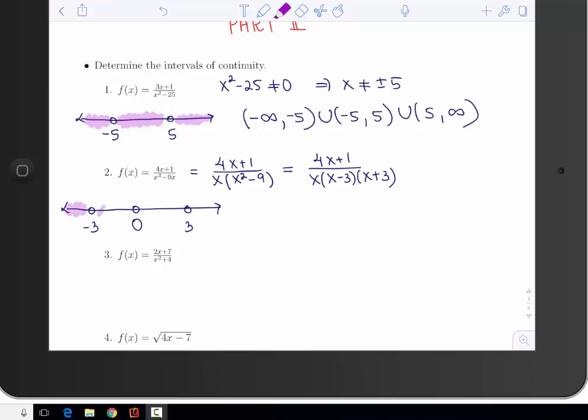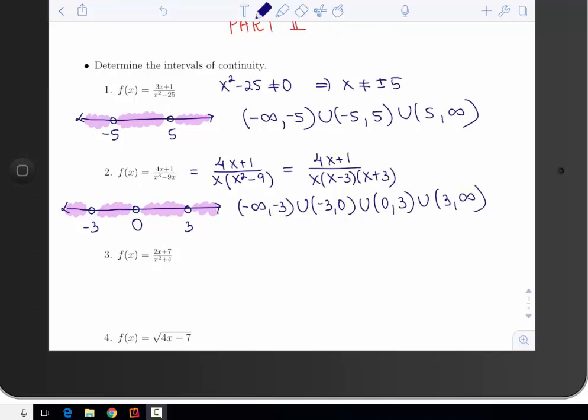I have 4 intervals, okay, from negative infinity to negative 3, not including the endpoints, right? From negative 3 to 0, and then from 0 to positive 3, union, and 3 to positive infinity.